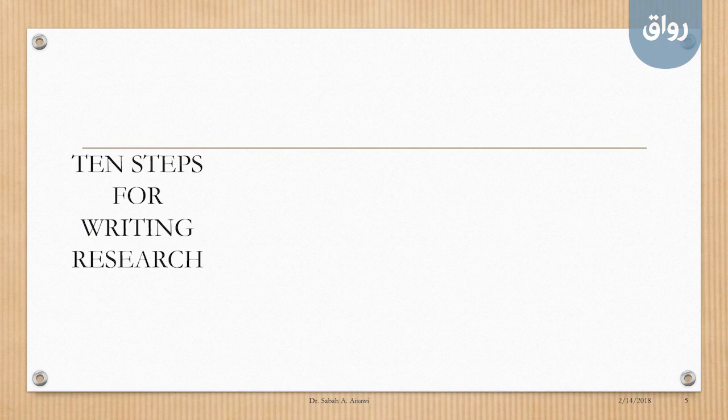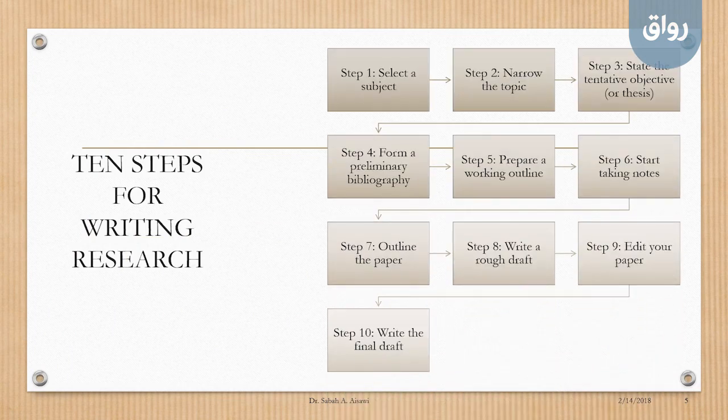So, where does paraphrasing come in the process of research writing? If these are the 10 steps for doing research, here comes paraphrasing. It is at the stage of taking notes. And definitely when you take notes, sometimes you do paraphrasing meticulously and it is final.